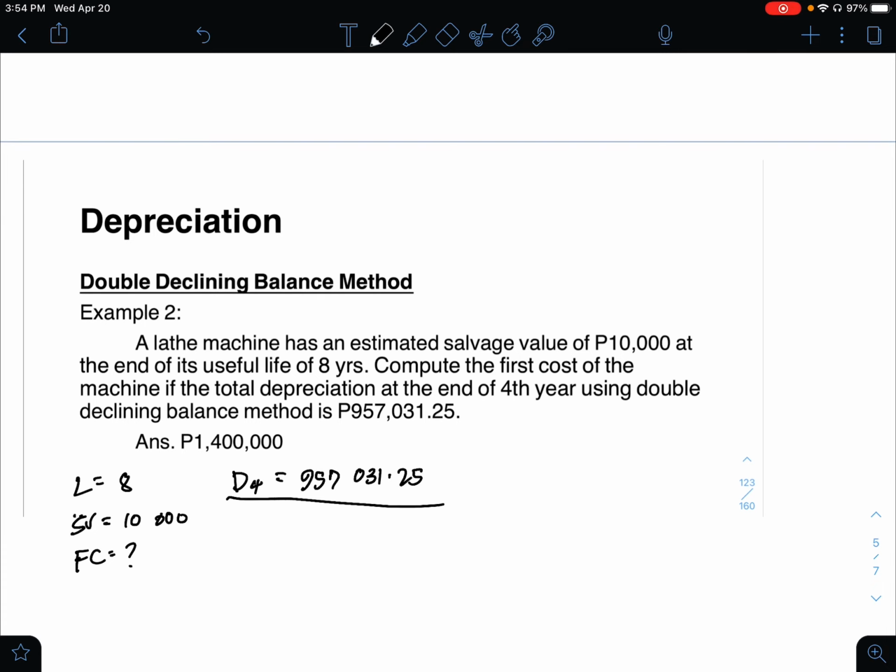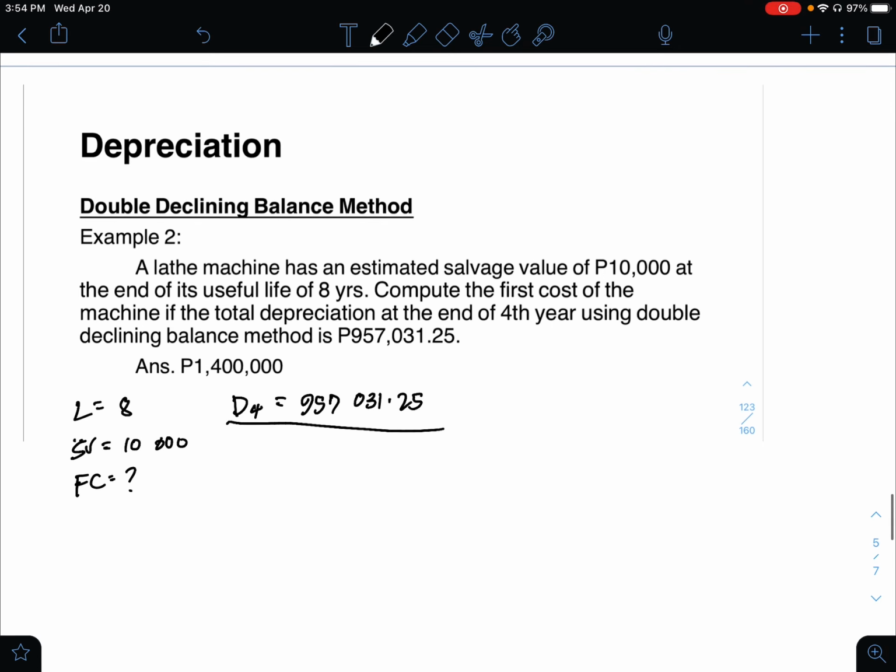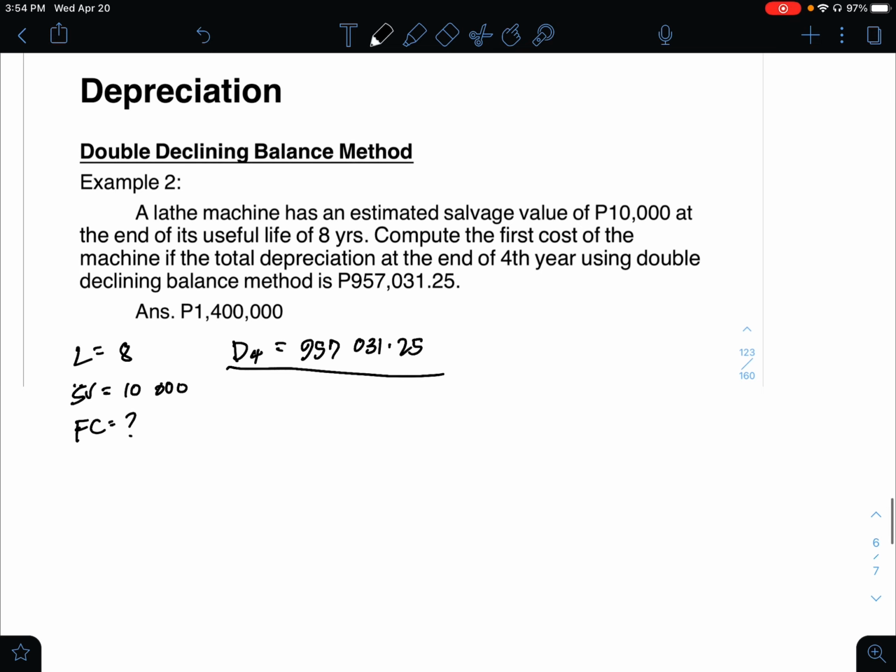It declined at the fourth year, so how much was our machine worth before it depreciated? We have the formula, since FC is what we are looking for: D at M is equal to FC, the first cost, minus BVM, in which BVM is FC times 1 minus 2 over L, since it is double declining, raised to the power of M.